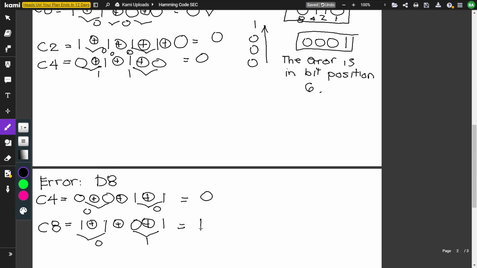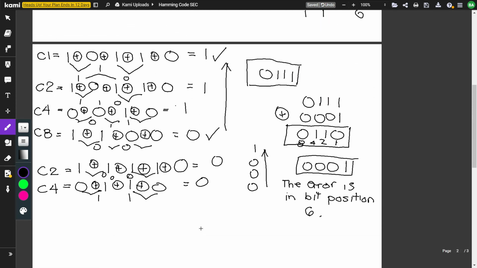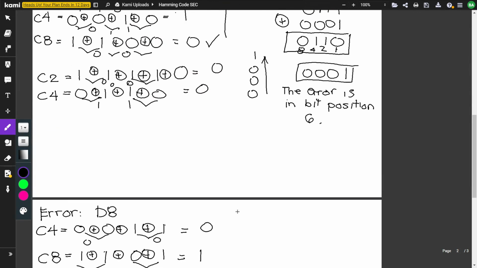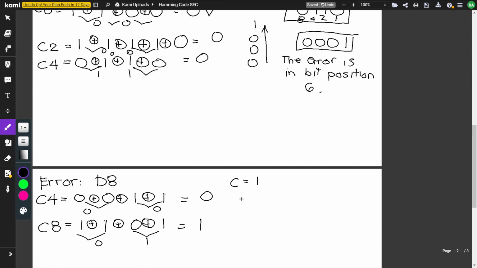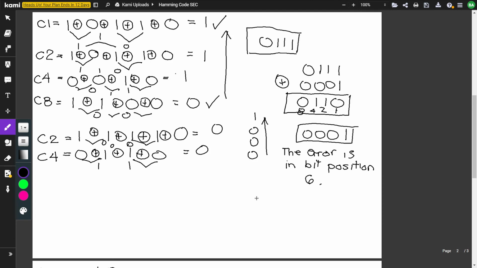Okay. And then let's write again the original values. So we have, from C1, C1 is 1, C2 is also 1.